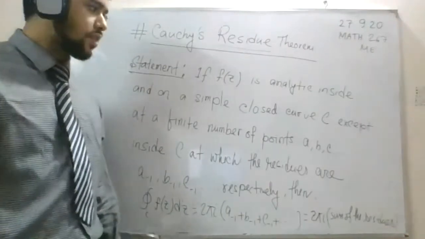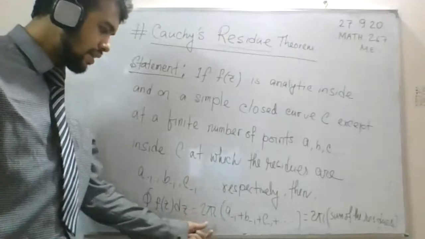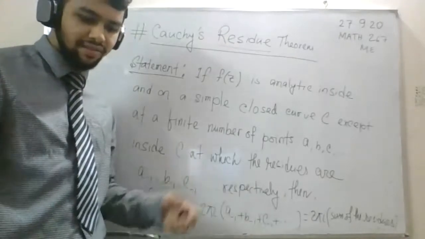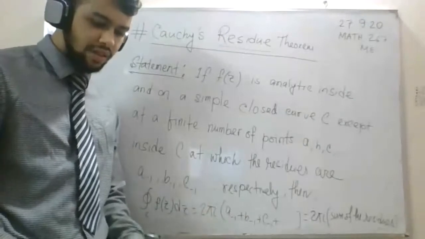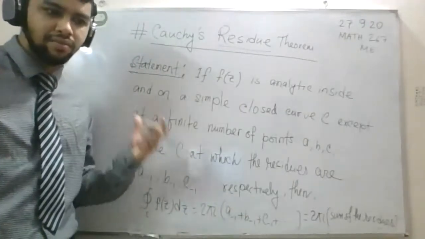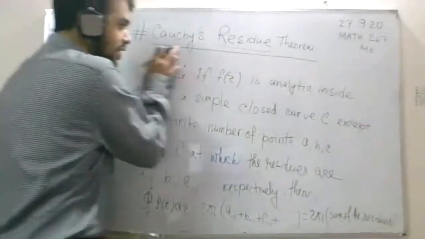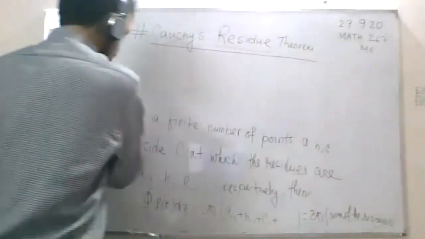Okay, so this is the statement. Here, all of you know that a subscript -1 is the residue, and we can find it from the Laurent expansion. Now I have to prove this.